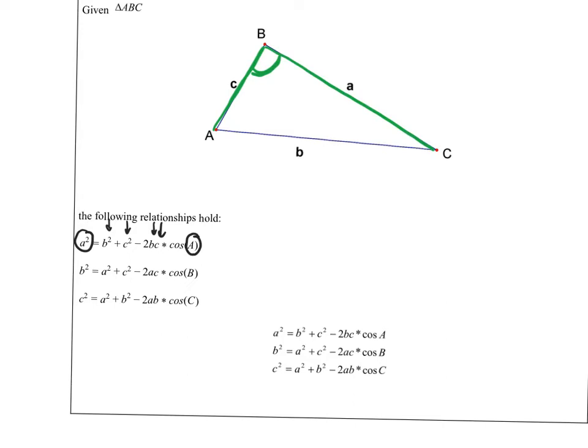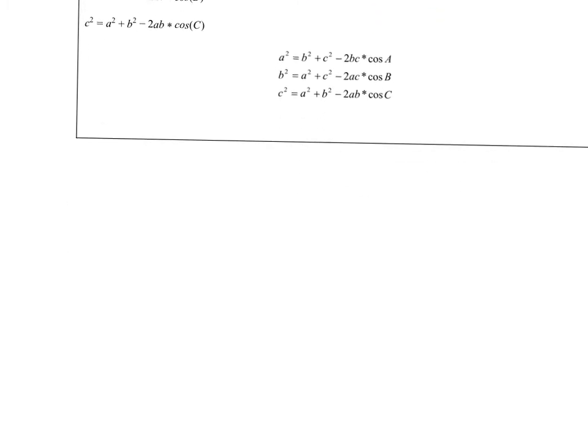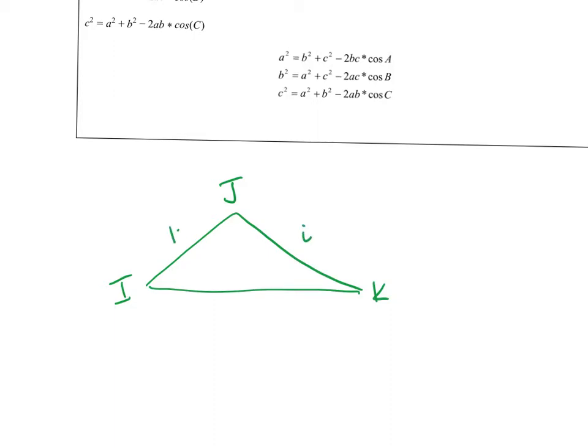So these are all the law of cosines, and you can do this for any of them. If I was just to pick a generic triangle with different letters, we can show you how the law of cosines would also hold. So let's say I had i, j, and k. This is little i, this is little k, this is little j.